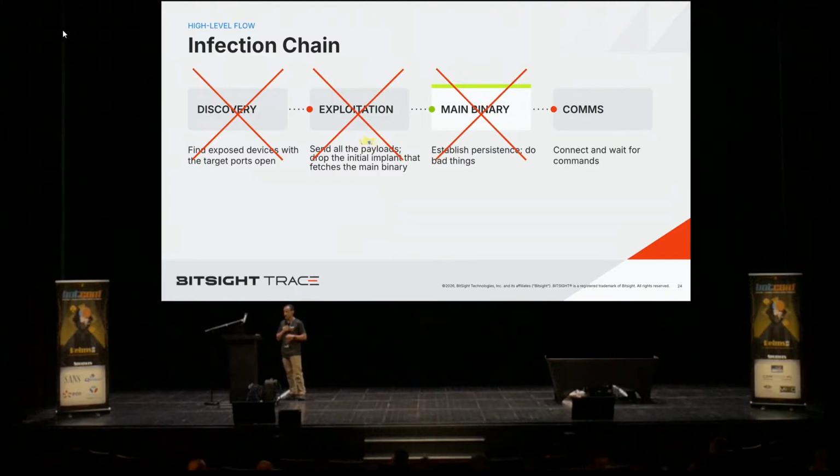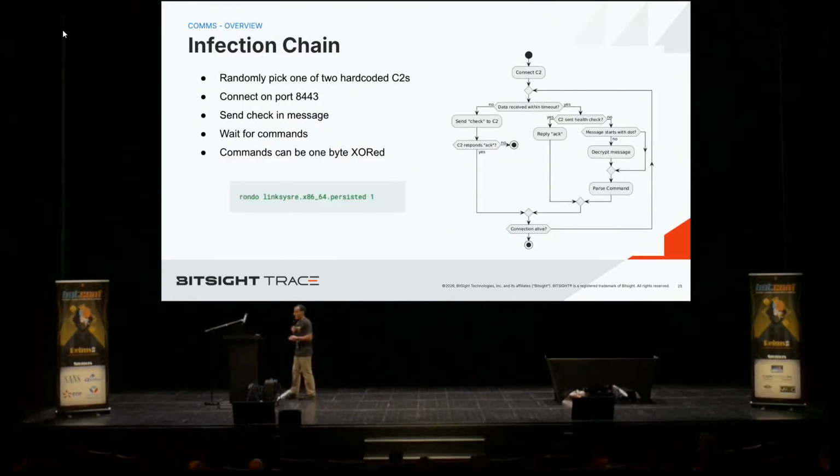Okay, so we've seen these 3 initial phases. I want now to go into more detail on the actual comms and see the commands and how it works. It starts by randomly picking a C2, and there are 2 C2s hard-coded into the sample. They use port 8443 to connect.